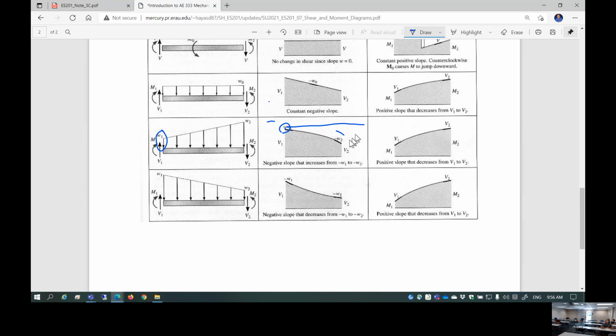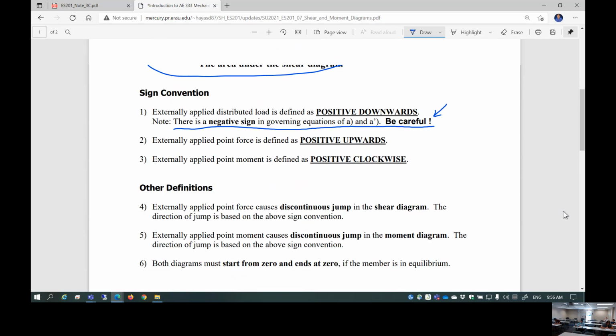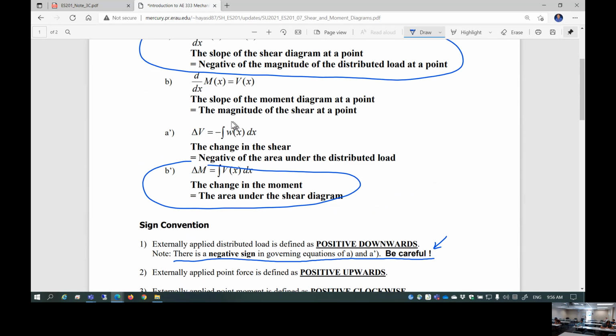So what is this delta V? Well, this area. Okay. The area under this distributed loading is delta V. Why? Well, because that's what the equation says. Delta V is the area under the curve of the negative distributed loading.